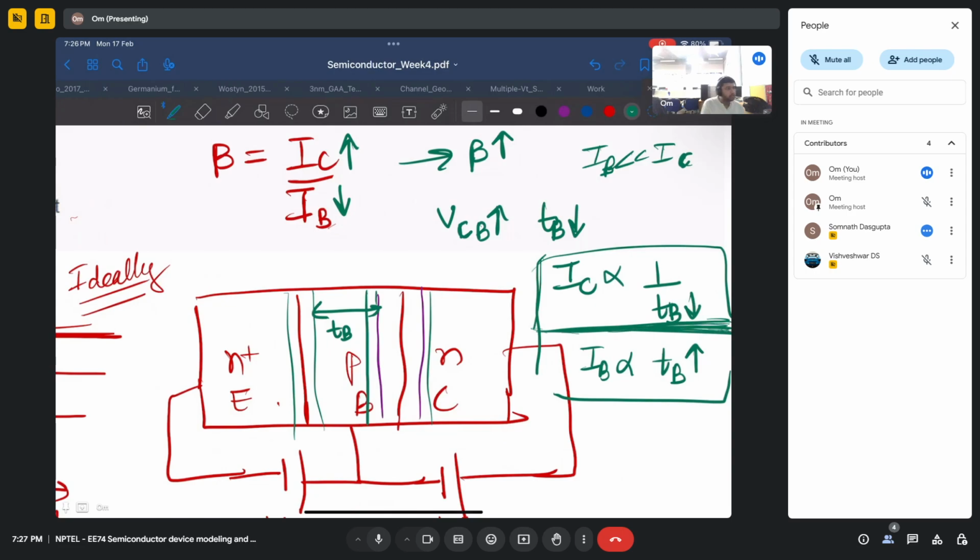I don't know if it was there in this week's video, but look into it. Basically, the current IC depends on how many electrons are coming, how the electrons are diffusing from the emitter into the base. This diffusion current IEN is inversely proportional to TB.